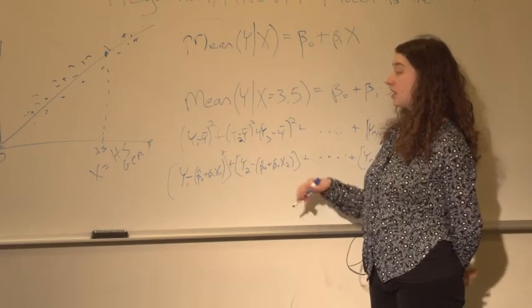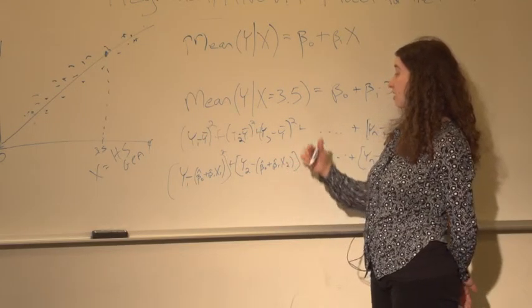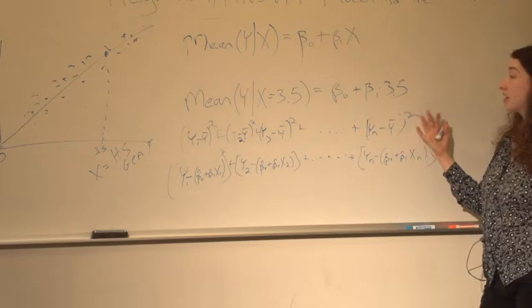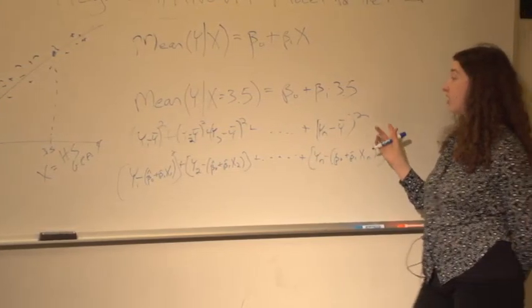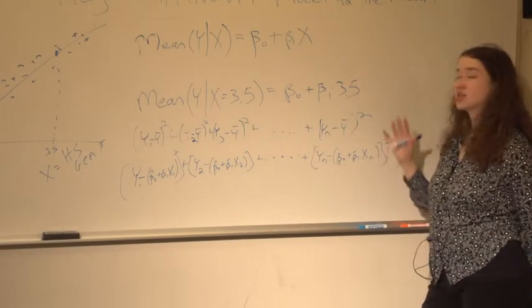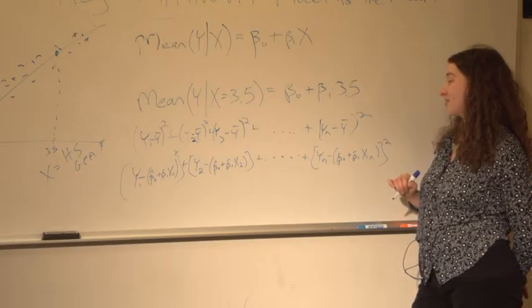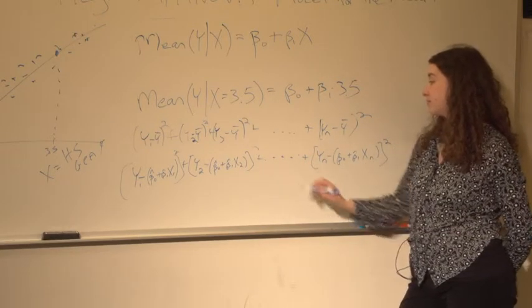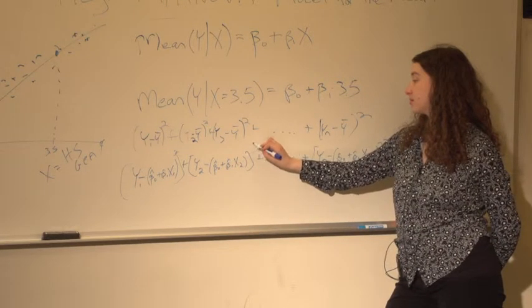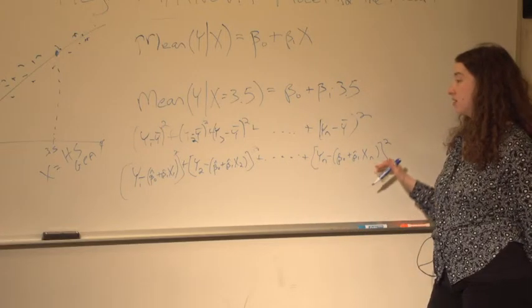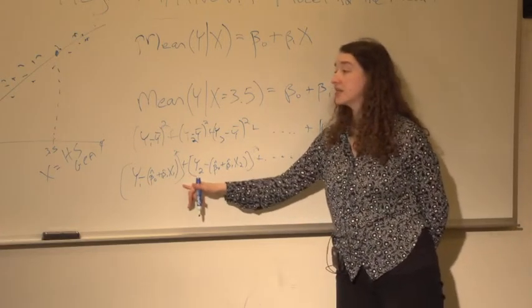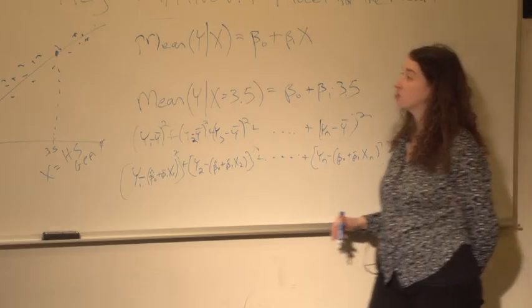Take each college GPA, subtract the mean college GPA, square them, add them all up, and if I wanted the actual variance, I could divide by how many there are. But this numerator just stops short of dividing by how many there are. That should be squared. This right here is the sum of squared residuals.